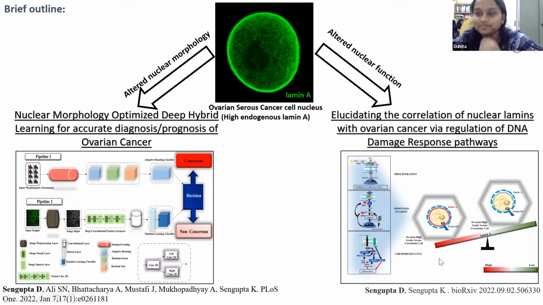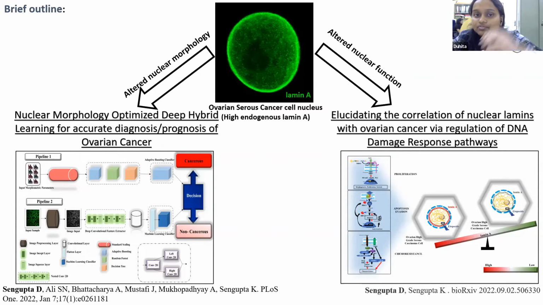It's all right. So, as I was saying, nuclear lamins are potent regulatory factors to assess the potential of the cell towards carcinogenesis. It alters the cell's nuclear mechanomorphological features, which are very potent regulatory factors for assessing the malignant potential of a cancer cell.